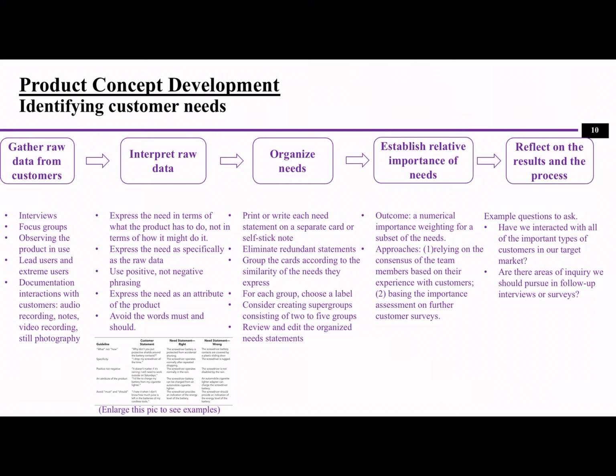So basically, just print and write each need statement on a separate card or self-stick note. Eliminate some redundant statements, right? Or group the cards according to a similarity of the needs they express. For each group, choose a label. Consider creating some super groups consisting of 2 to 5 groups, and review and edit the organized need statements. So this is the guideline of how to organize the needs.